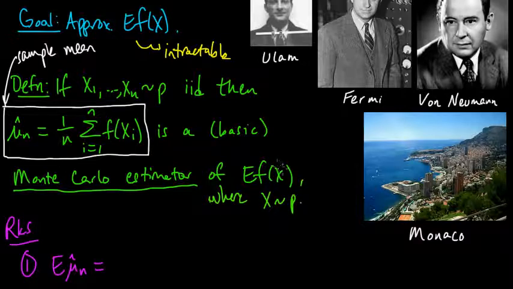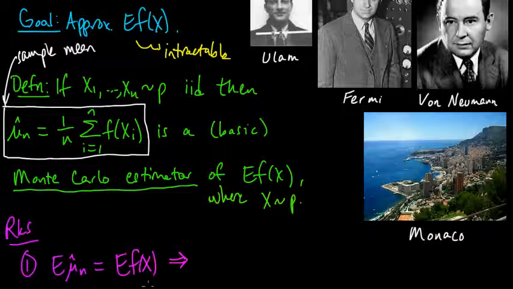Right, because if x had a completely different distribution, then this might be a kind of silly thing to do. So here I meant that x is also distributed according to p. Now when we compute this expected value, it moves through, and the expected value of each of these terms is equal to the thing we're trying to estimate, and we get n of them, so 1 over n cancels, and that's just the expected value of f of x.